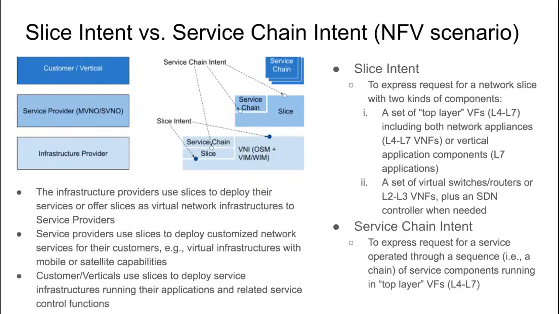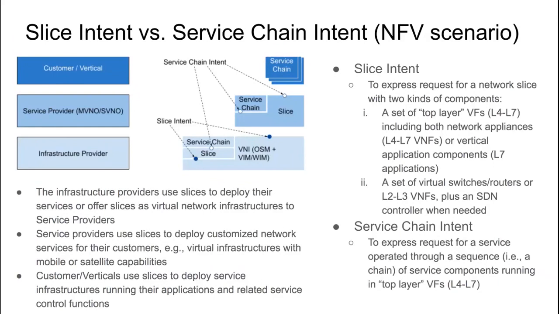So you have the topmost layer, where the customer or the vertical would like to set up a service, and then you have an interaction with the service provider. Now, the service provider can be either the same entity as the infrastructure provider, or something different.